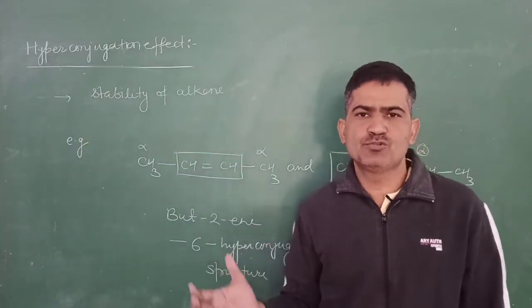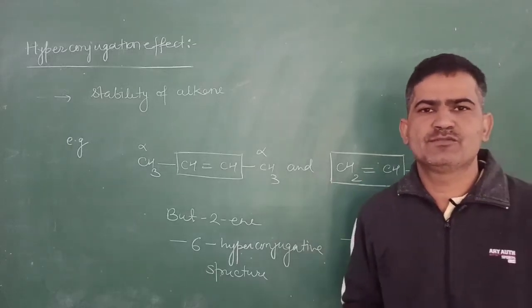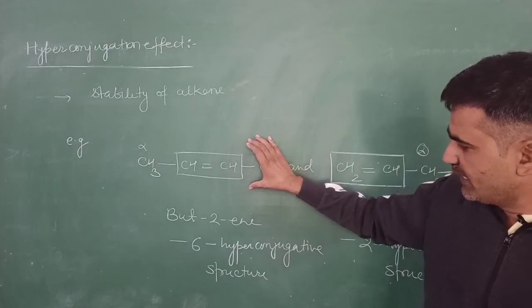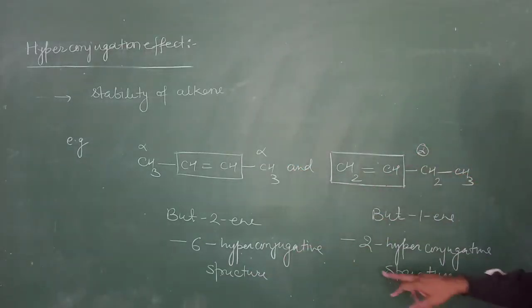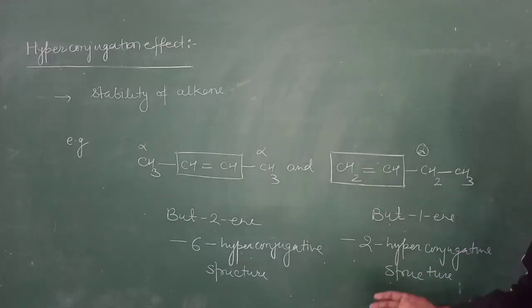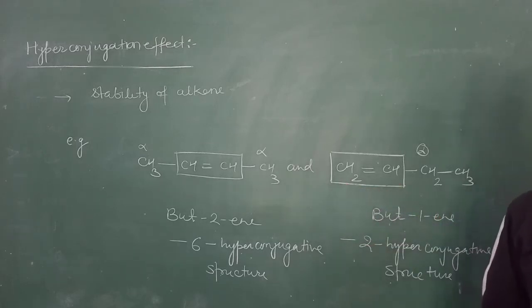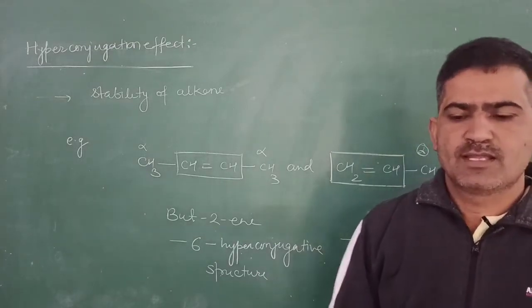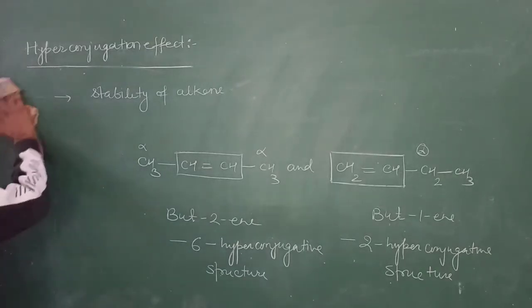It means we can say but-2-ene is more stable than but-1-ene on the basis of their hyperconjugative structures, because but-2-ene has 6 hyperconjugative structures and but-1-ene has only 2. That's why we can easily say that but-2-ene is more stable than but-1-ene.